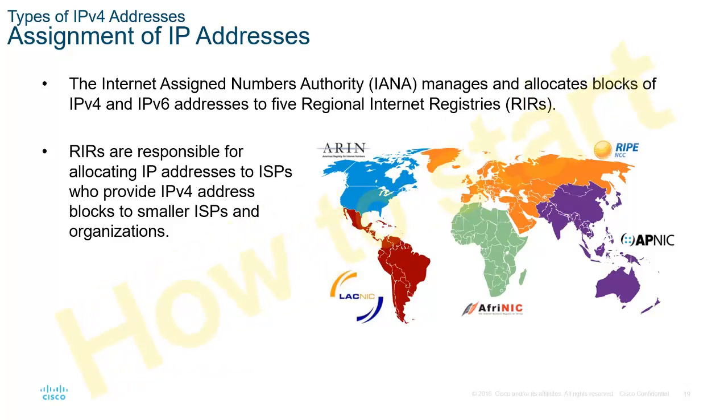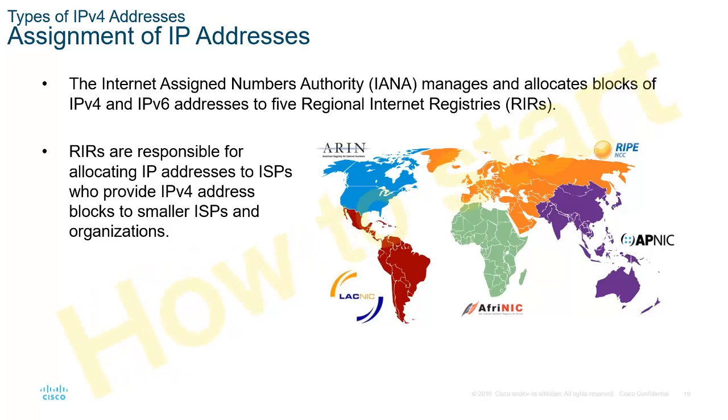These organizations control our addressing. The groups are called Regional Internet Registries. They are all managed by IANA, the Internet Assigned Numbers Authority. This is the group that assigns which of these countries or groups of countries get what addresses.